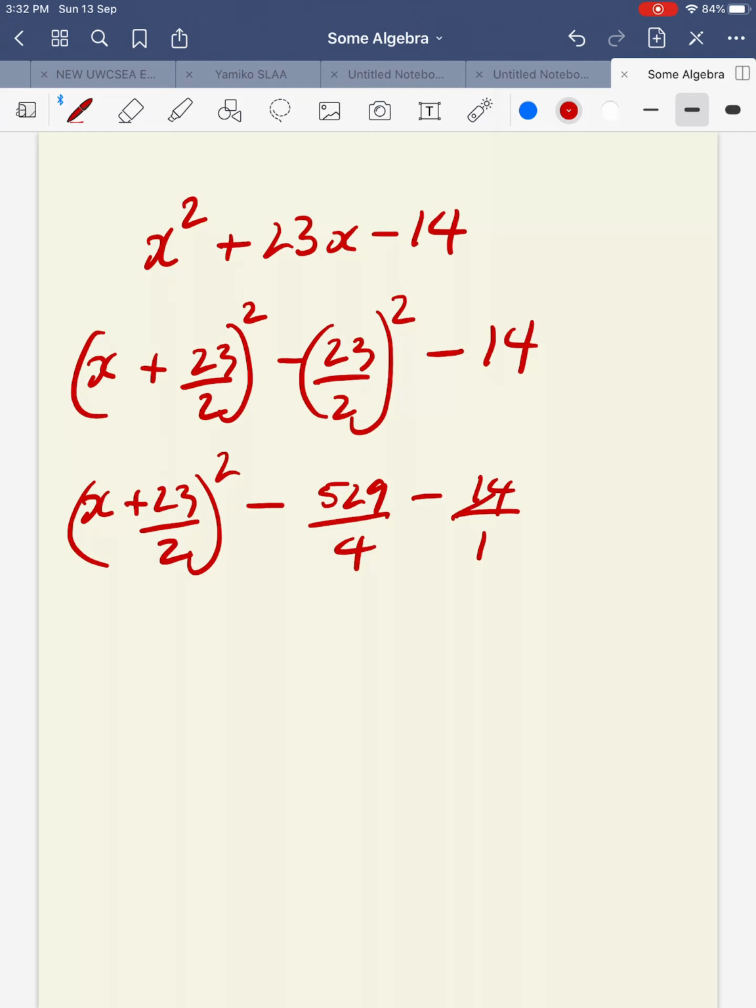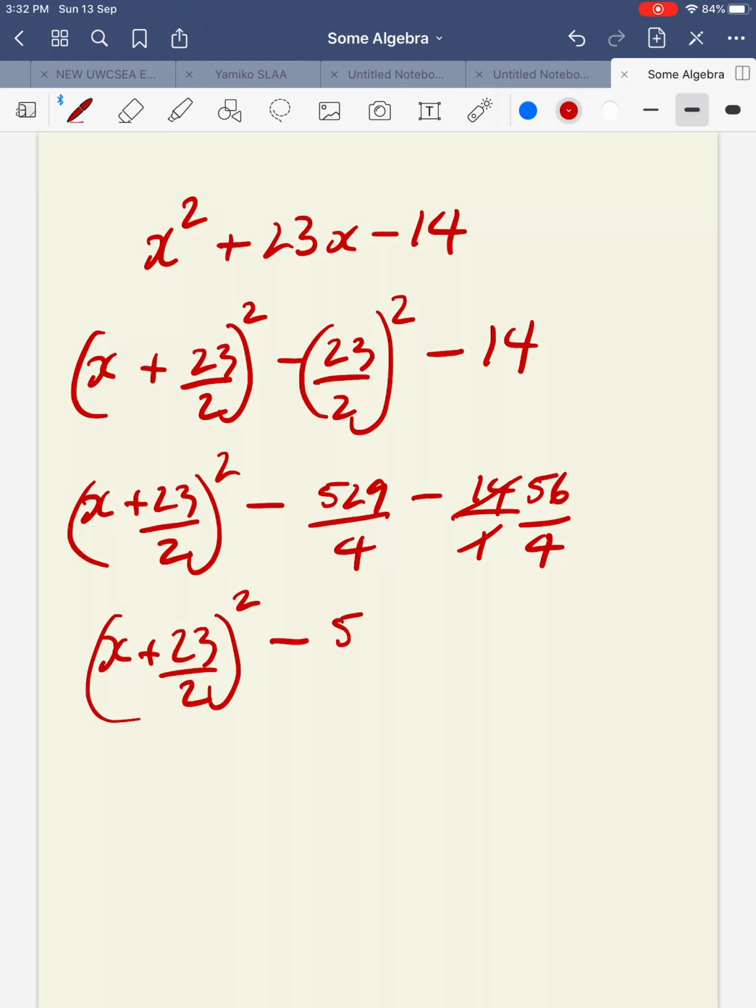We could change this into 56 over 4 if we wanted. And now I think that's x plus 23 over 2 squared minus 585 over 4. Phew, that's a big one, eh? Just checking my 23 squared, yeah, that looks okay, 529.